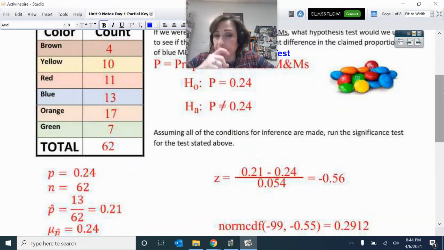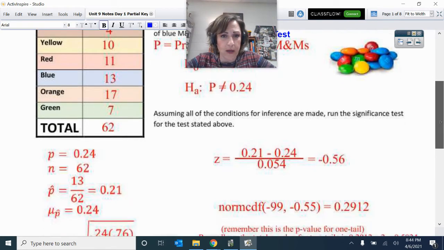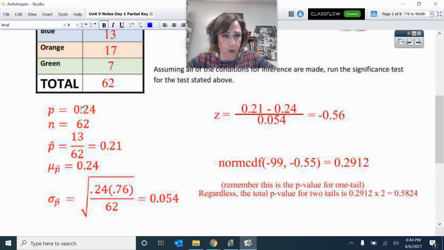Assuming all the conditions for inference are met, yay, we're going to run a significance test for what we stated above for the blue. So the population proportion is stated to be 0.24. I had 62 M&Ms, and you are going to do this for your own particular cup of M&Ms because I want to see how your values compare to what they were expected to be.